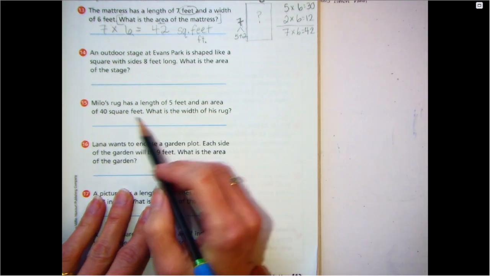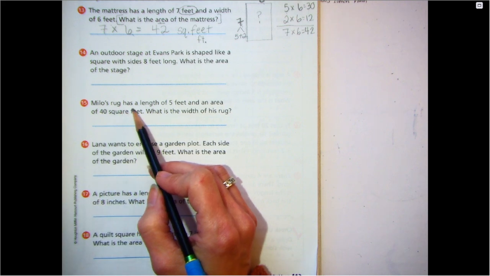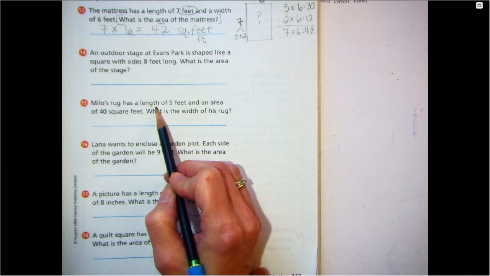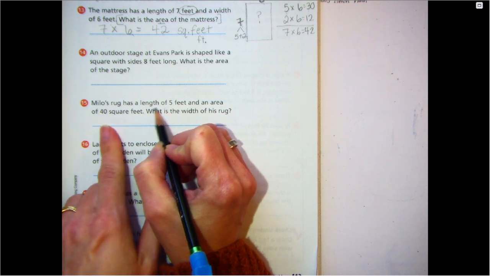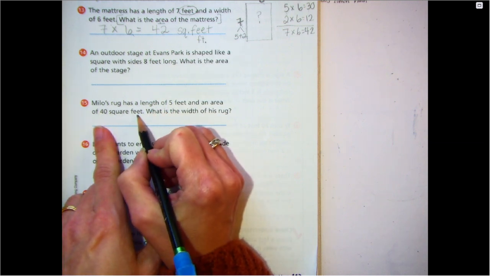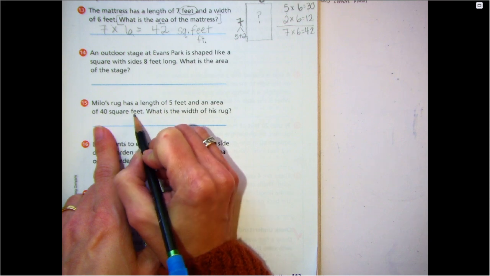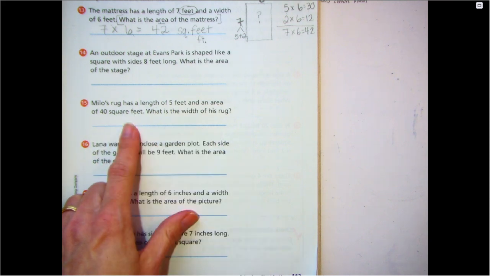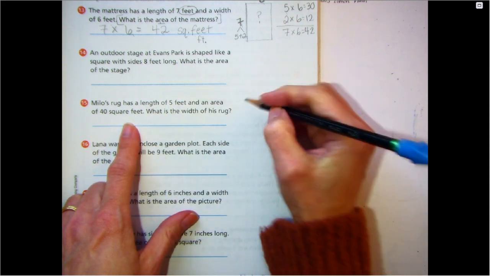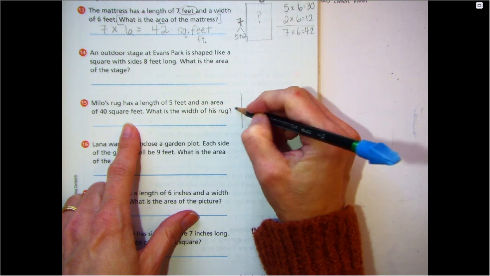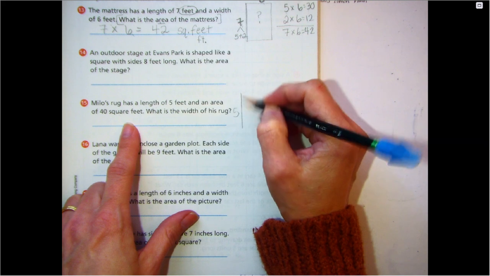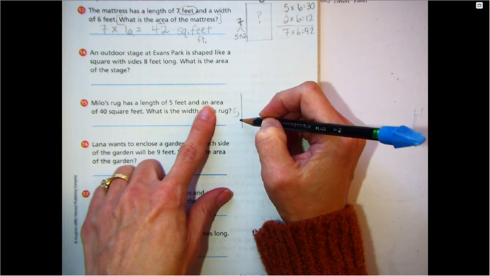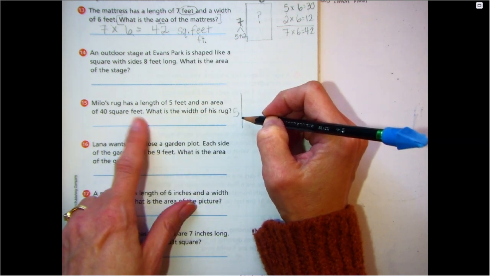There we go. Milo's rug has a length of 5 feet and an area of 40 square feet. All right, if the rug has a length of 5, remember from page 112, we know that length is the long way, and an area of 40 square feet.